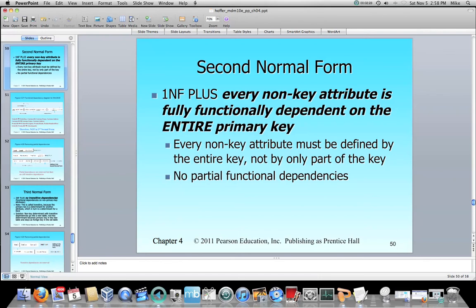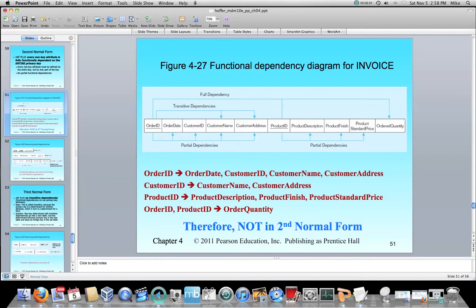Because we have non-key attributes defined by only part of the key, and because we have partial functional dependencies in here, this relation is in first normal form, but it's not in second normal form.